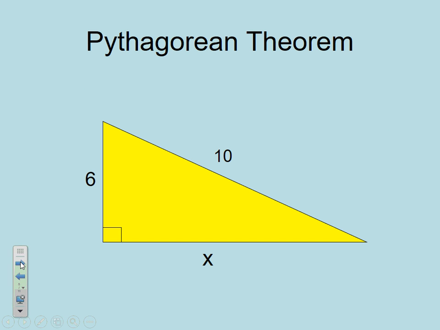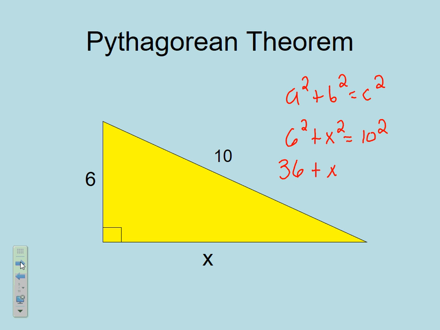Big thing that we're going to be talking about when we're solving square roots is the Pythagorean Theorem, which we should all know. A squared plus b squared equals c squared. And if I would set this one up that way, I'd have 6 squared plus x squared equals 10 squared. If I wanted to solve this, I'd have 36 plus x squared equals 100.